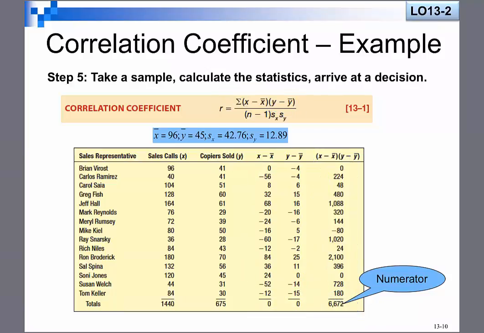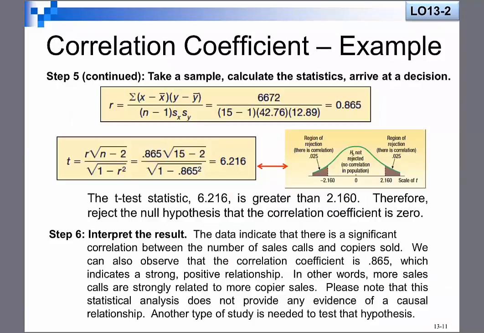And then taking your n minus 1, there it is, 15 minus 1 right there, times your standard deviations, which you could find in Excel, or you could do by hand, but just STDEV.S is going to give you the standard deviations of 42.76 for the x's and 12.89 for the y's.